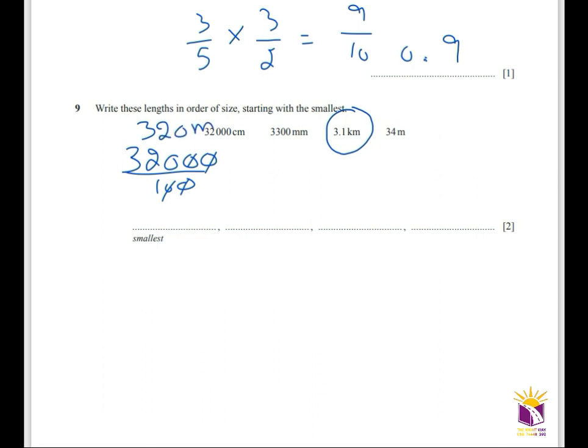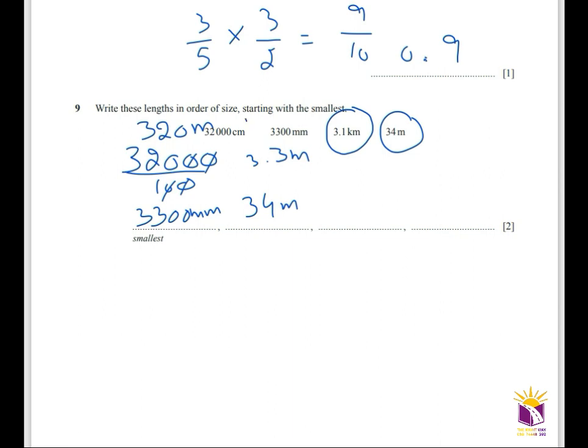The second one is millimeter. We are going to divide it by 1000, and it will become 3.3 meter. 3300 divided by 1000 will be equal to 3.3 meter. 3.1 kilometer is the largest one. And now from here we can see that 3.3 meter is the smallest one, which will be equal to 3300 millimeter. The second one will be 34 meter.